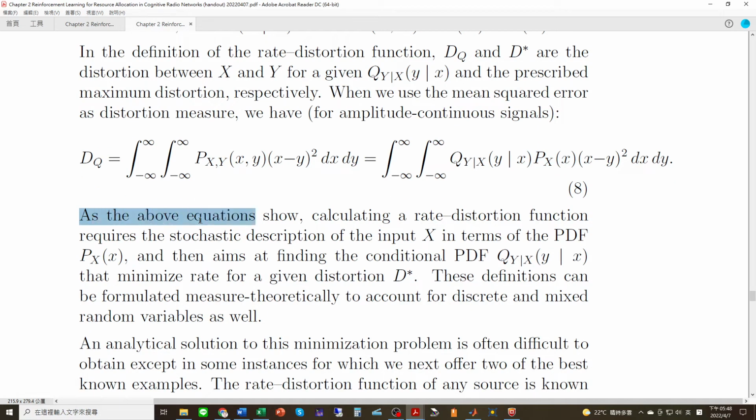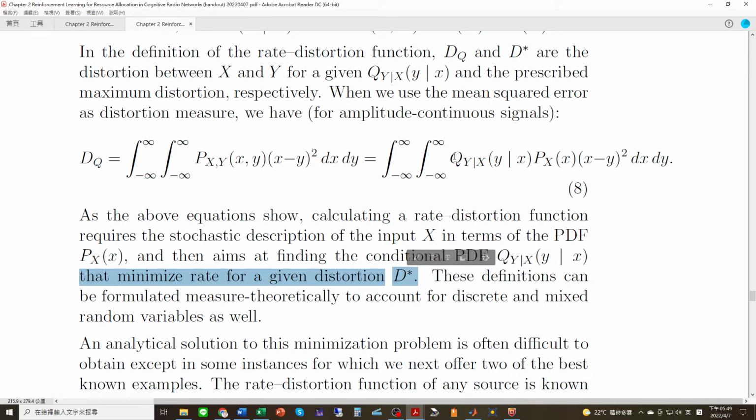As the above equations show, calculating a rate distortion function requires the stochastic description of the input x in terms of the PDF px of x. That is here. And then it aims at finding the conditional PDF q of y given x that minimizes rate for a given distortion d star.